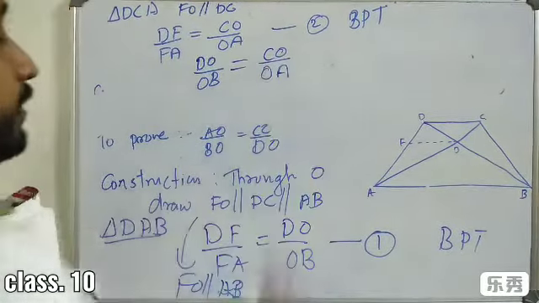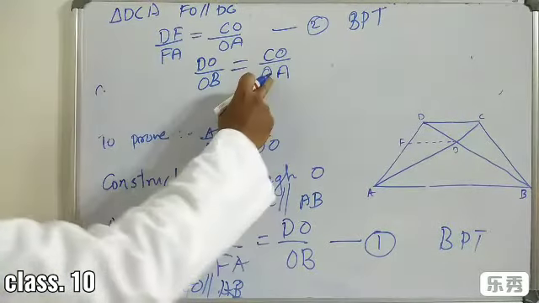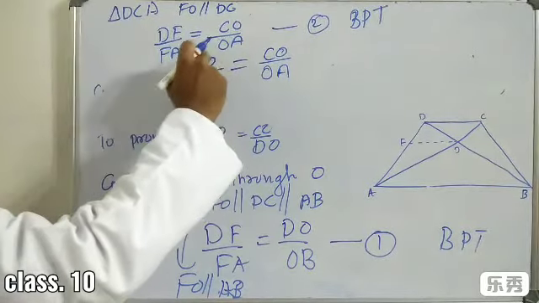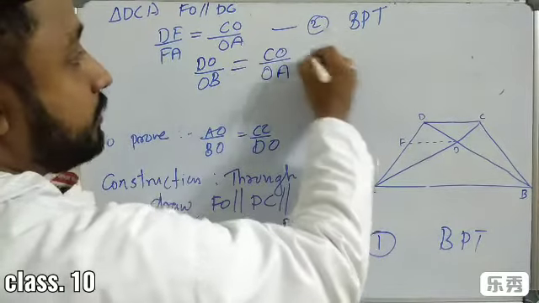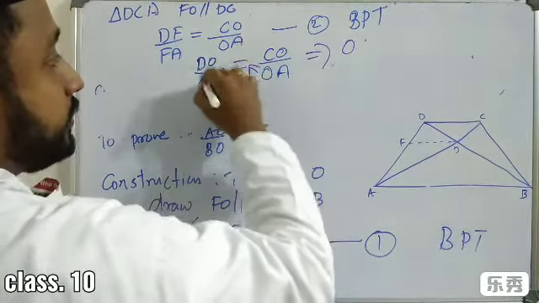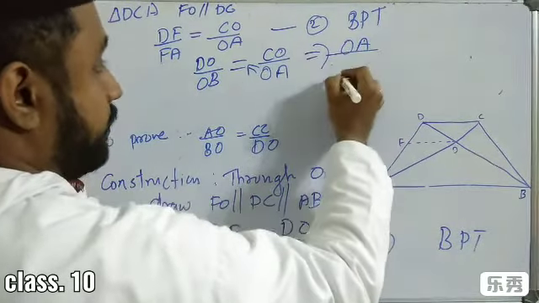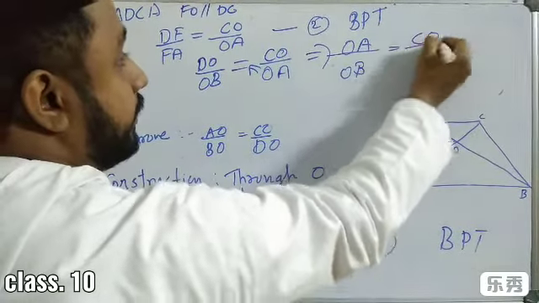We have to prove that AO by BO is equal to CO by DO. So let us move OA to the LHS and DO to the RHS. That is OA by OB is equal to CO by DO.